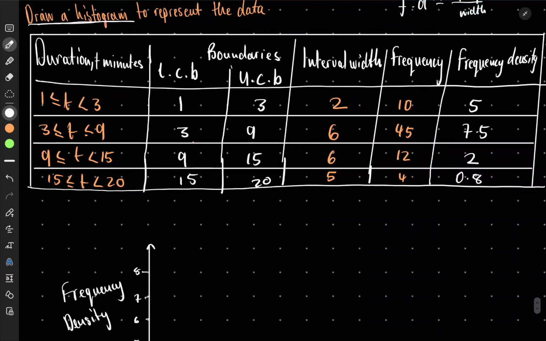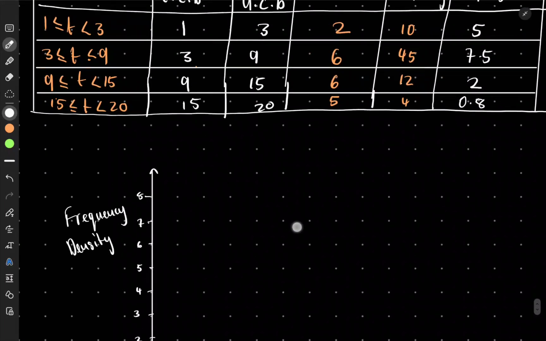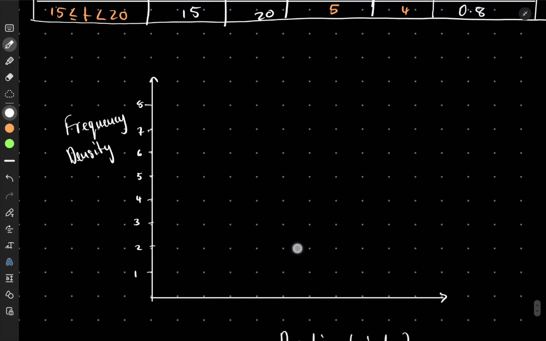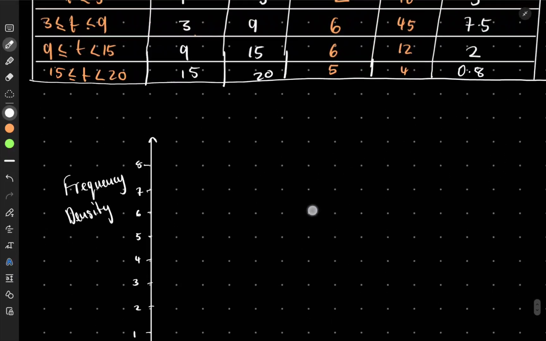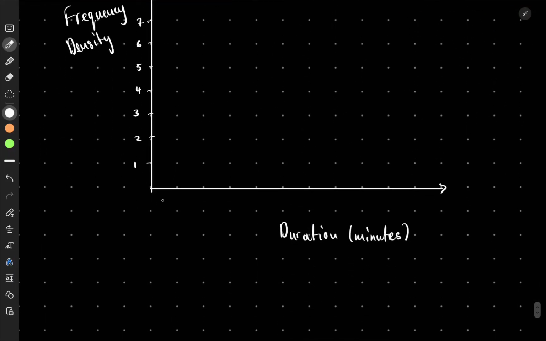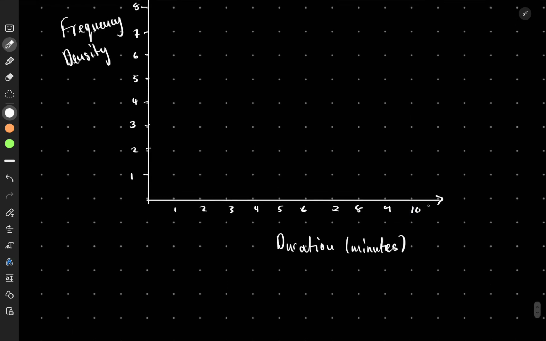And what about the duration? Well, I have 1, 2, 3, 3 to 9, and so on. So it goes all the way to 20. Wow, that's a lot. So I should have 1, 2, 3, 4, 5, 6, 7, 8, 9, 10. Oh, that's going to be too much. So what am I going to do?